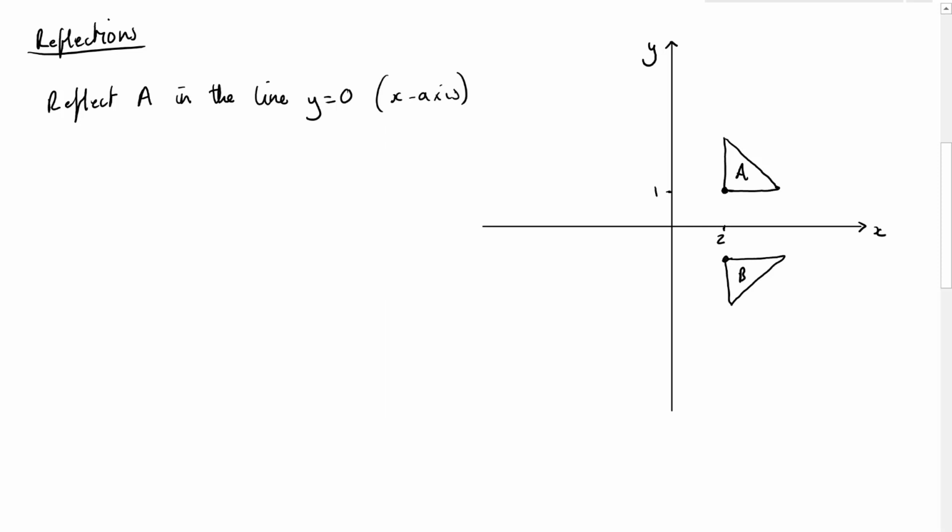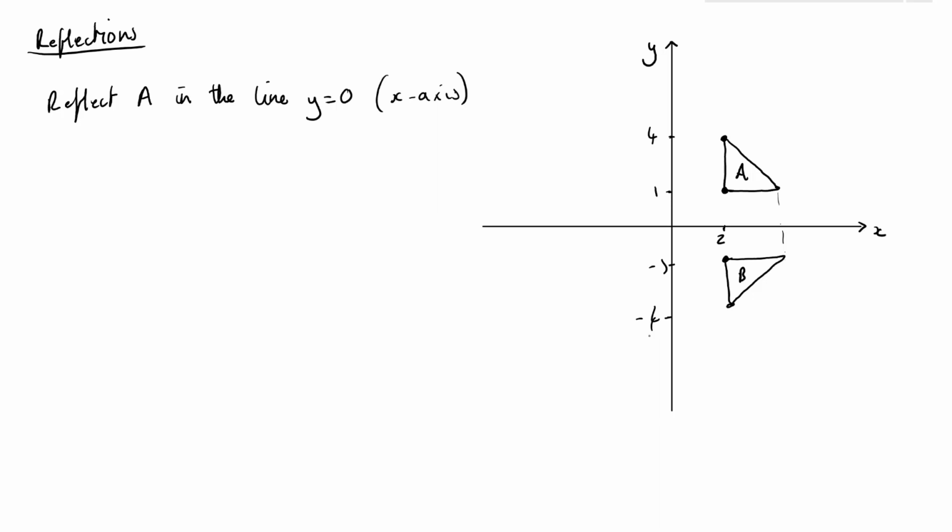So this point here is going to have to be at 2, -1. And from there you could do the same thing with this point. That's going to have to go down to there, and this one, let's say this was 4 away, would have to come down here at -4. So we'd have that method of working it out as well if you needed to.